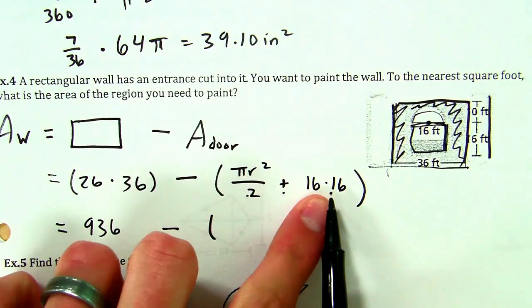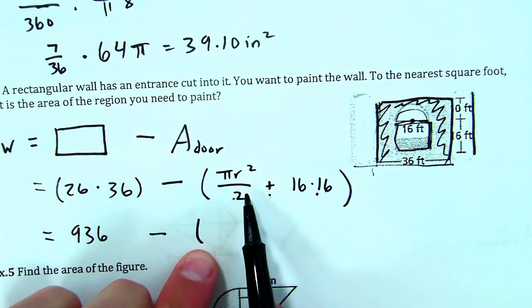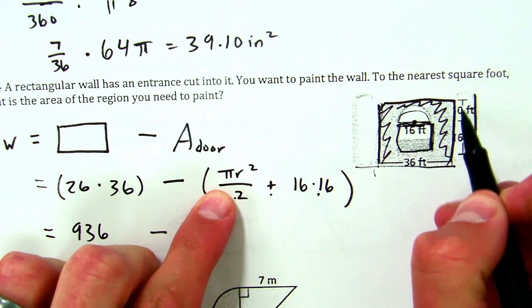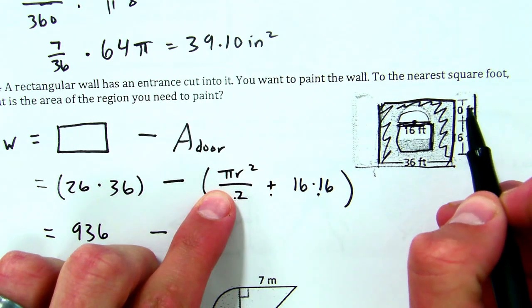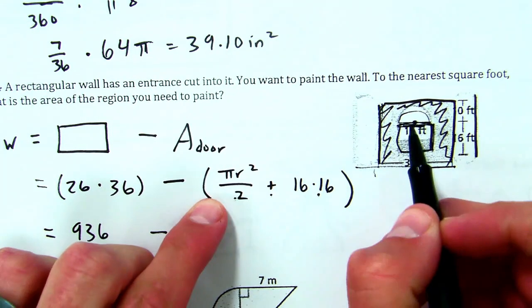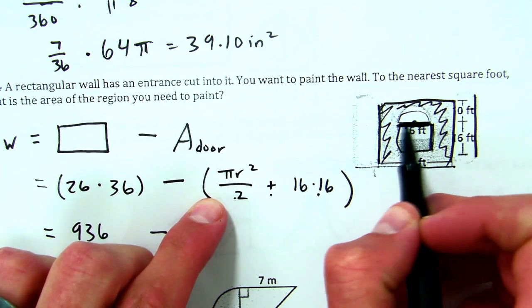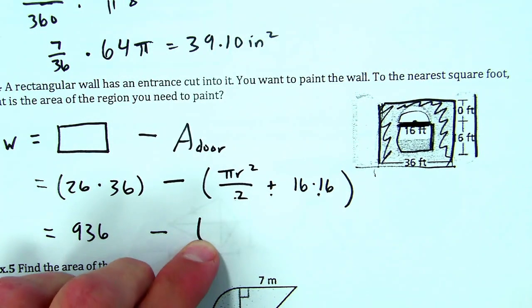Okay. So then here's the area of the square plus the area of the half circle. The radius of this half circle is going to be half of the diameter. If the diameter is 16, then the radius is 8.